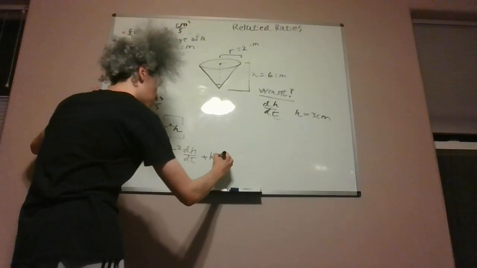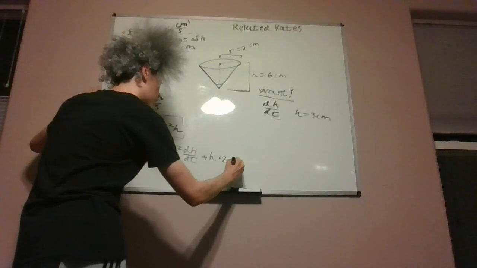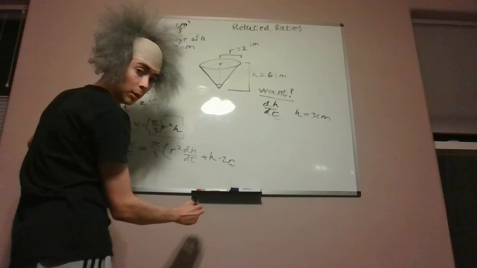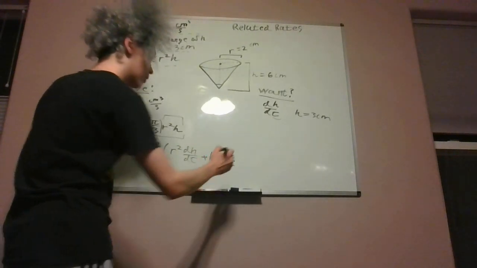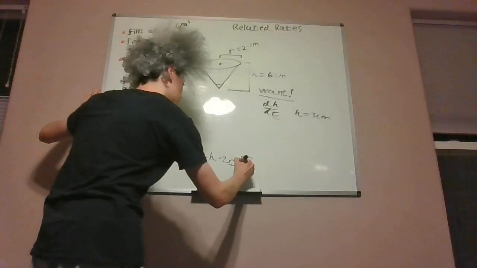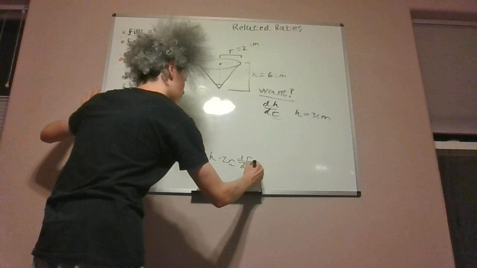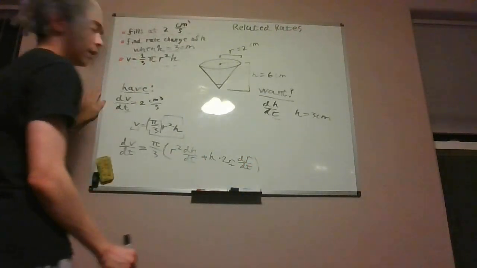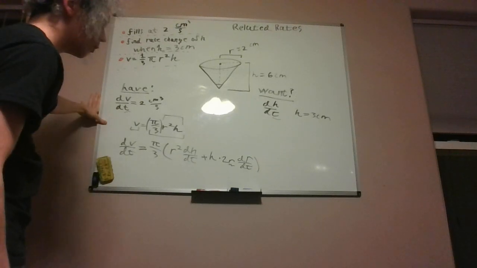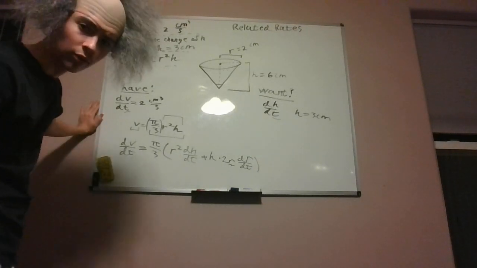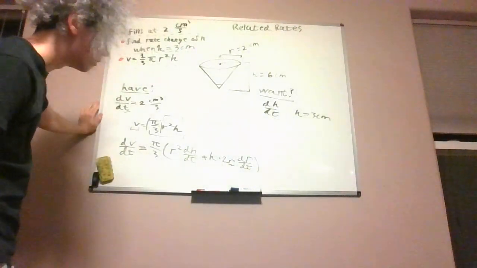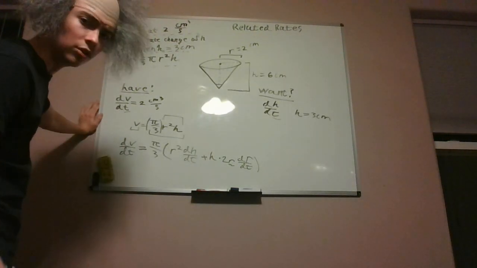It's going to be times 2r. Now we have the chain rule. Remember, that's how implicit differentiation works. Times dr/dt. Okay, kind of weird here. We don't have a value for r, and we don't have a value for dr/dt. So what do we do here?